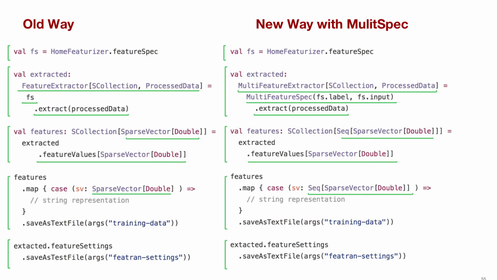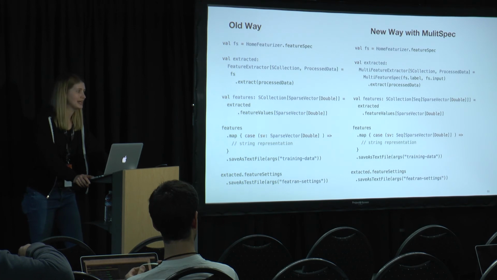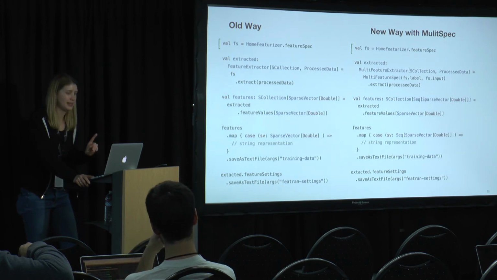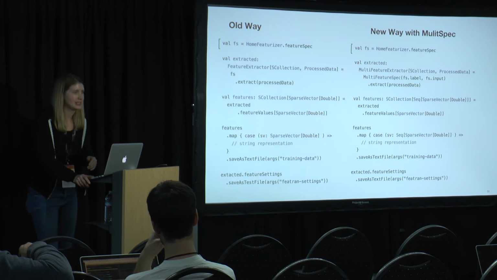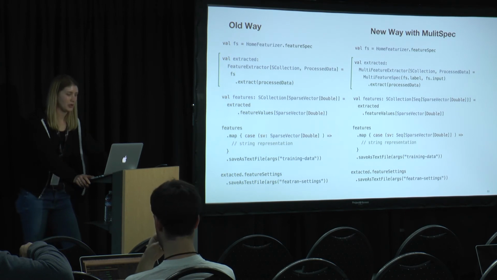Okay. And then going side by side, looking at the differences between the old way and the new way. And this is where the actual name multi-spec is going to come into play. So we still need to get our feature specifications. In the old way, FS was just one feature spec. In this new method, FS now contains our input and label. Again, we want to call the extracted component.